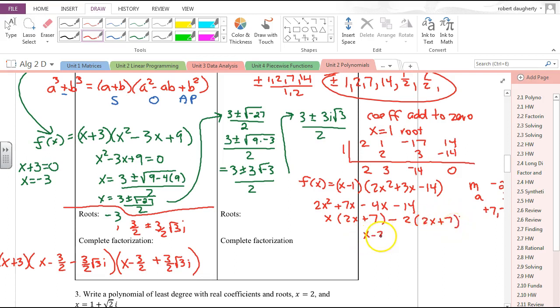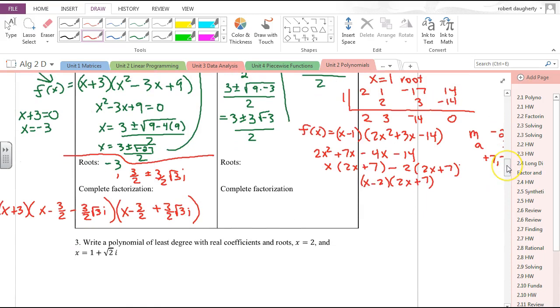So this is x minus 2, 2x plus 7. Okay. So my final factorization is f of x equals x minus 1, the first factor that I found, x minus 2, and 2x plus 7. If I set each of those equal to 0, my roots are 1, 2, and it looks like negative 7/2. Okay?